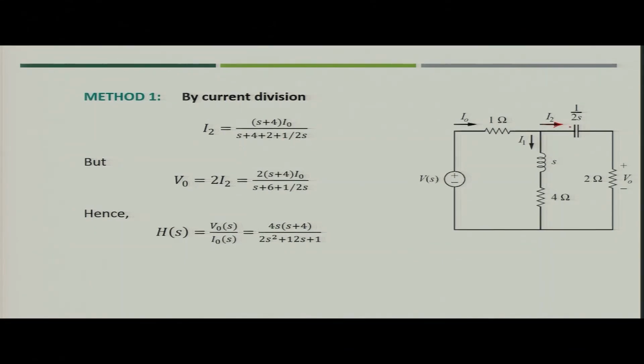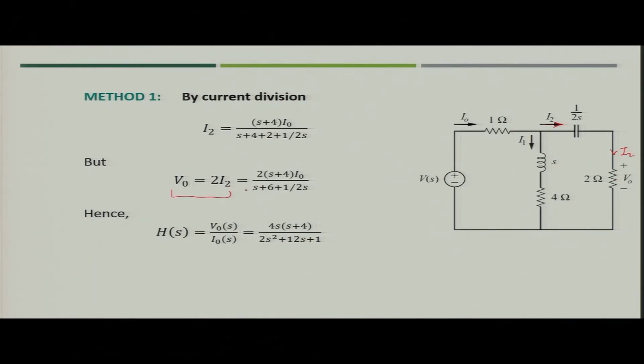Now, this current is I2, and when you are asked to find the value of V naught, it would be nothing but I2 into the 2 ohm resistance. So, V naught is nothing but 2 into I2.